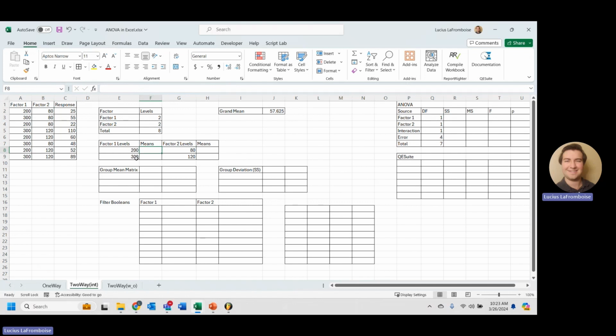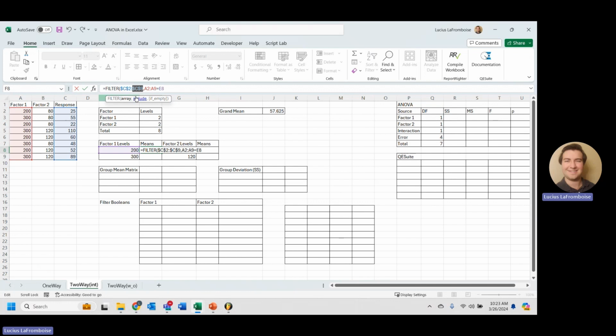Okay, so now I need to get the means of this group. First I'll show you, we're going to use the filter array, and we're going to select our response array. So we're going to filter our responses based on whether or not our factor 1 equals factor 1 at 200.